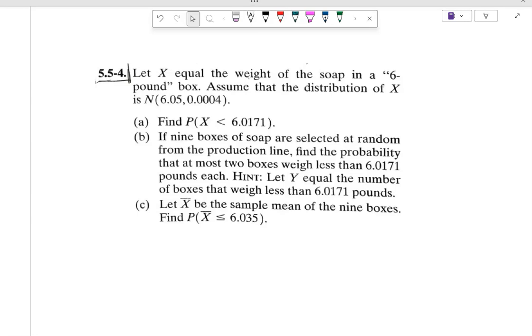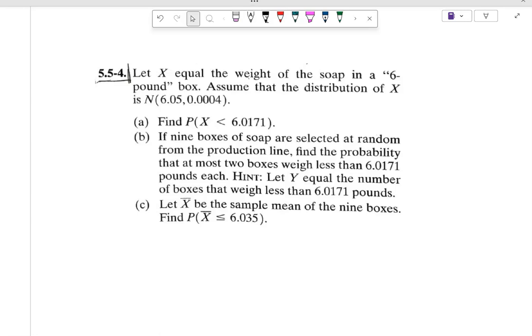Yeah, it's just a normal distribution problem, right? Subtract the mean, divide by the standard deviation, get the z-score, right? Use your table, right? That part A is something that we've already done, right?